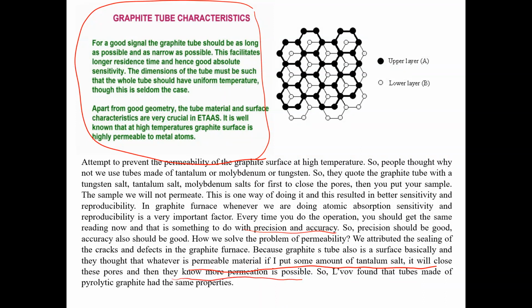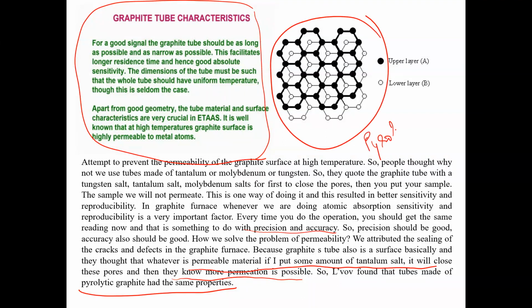Then Alvo found that tubes made of pyrolytic graphite had the same properties. You can see the figure of pyrolytic graphite. There are no pores, right? One is the upper layer, and the pores of the first layer are filled by the second layer of graphene, right?